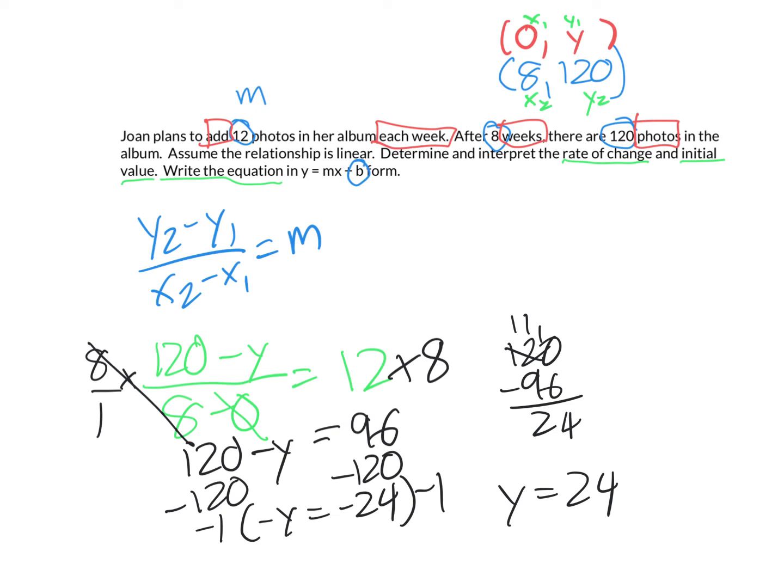So this is going to be that initial value. It's going to be b. So now I can actually write my equation. I'm going to have y equals 12x plus 24, because 24 is, in fact, the number of photos that she started with. And now that I have both of those, I can write my equation.